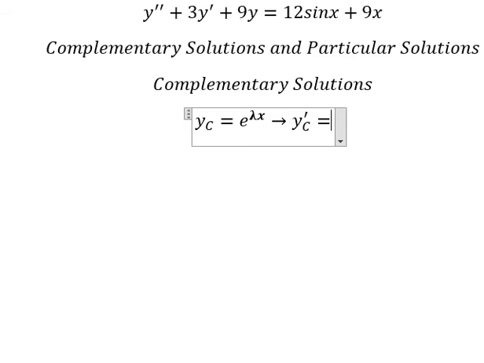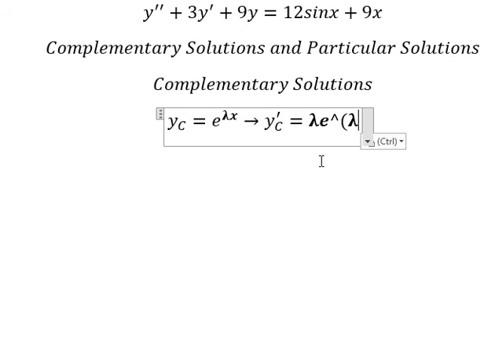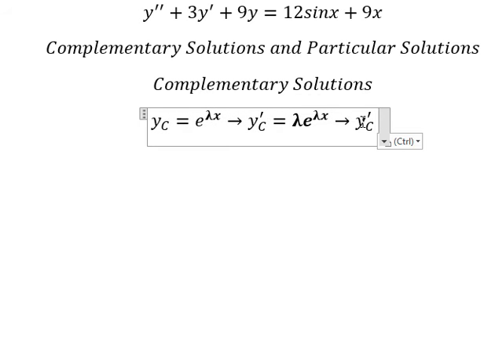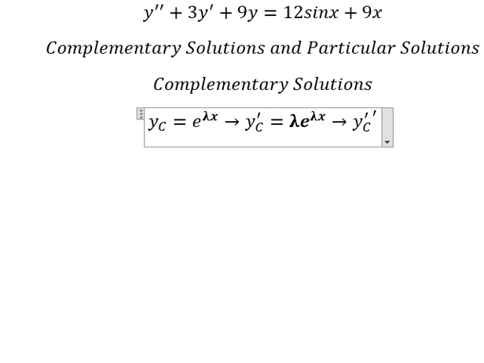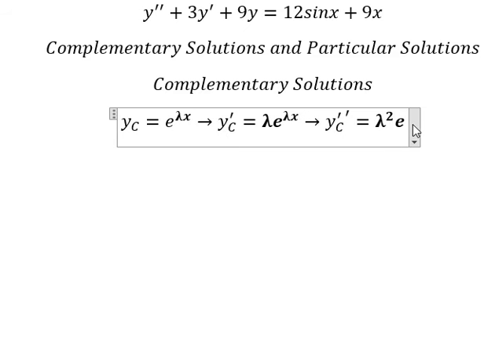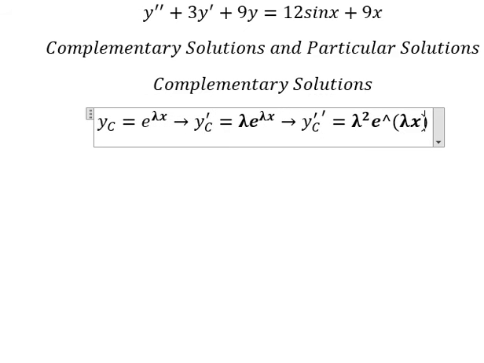So we have lambda e to the power of lambda s. Now, if I do the second derivative, so we have lambda square e to the power of lambda s.